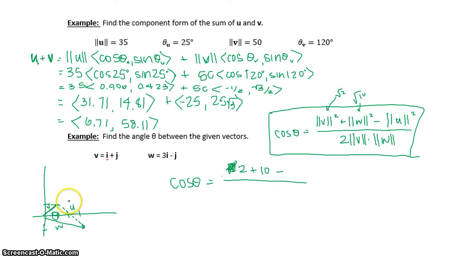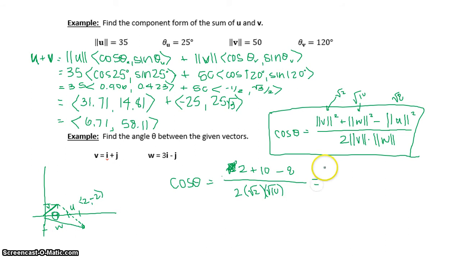If I look over here, u is 2, negative 2. So my magnitude would be the square root of 4 plus 4, or the square root of 8. Squared is just going to be 8. All over 2 times, in this case it's still going to stay as radical 2 and radical 10.